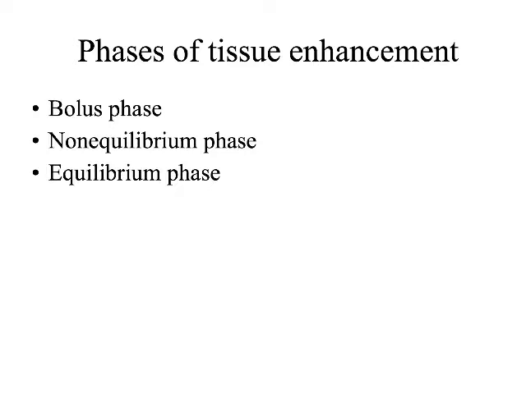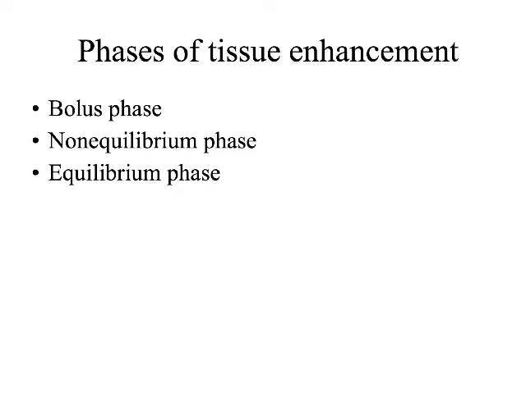And then following that, there's an equilibrium phase, where basically the IV contrast is useless to us because it's been spread throughout the entire body, and it's just kind of equally throughout all parts. The reason that we did contrast was to make a difference. We wanted something to show up more clearly, and so we needed it to look more different.